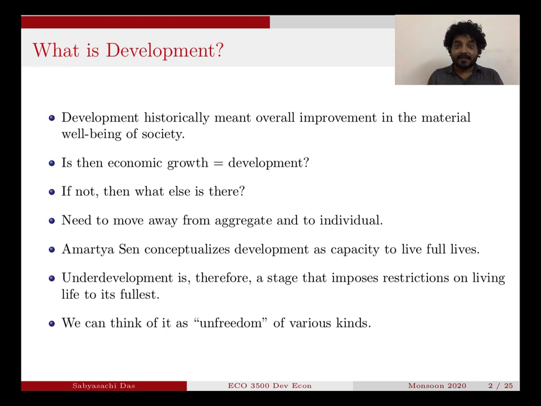We're going to unpack that in a few slides from now, but think in terms of various aspects of life that society deems very important to be attainable to be able to live a full life. So, for example, to be healthy and live a long life, right?